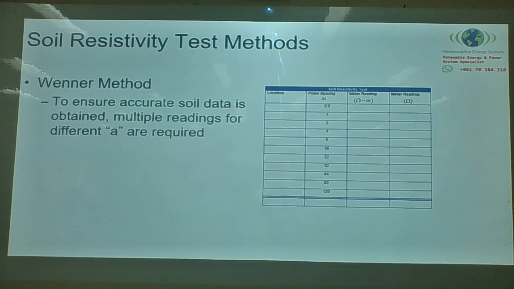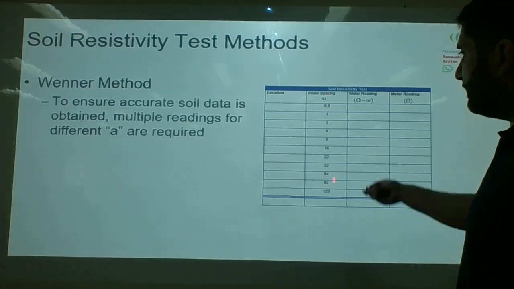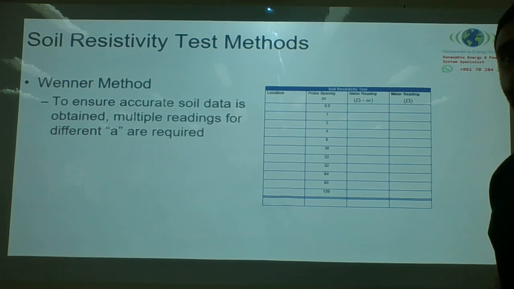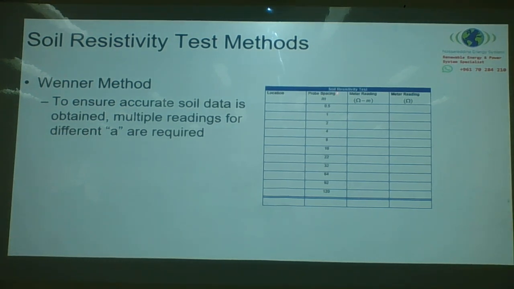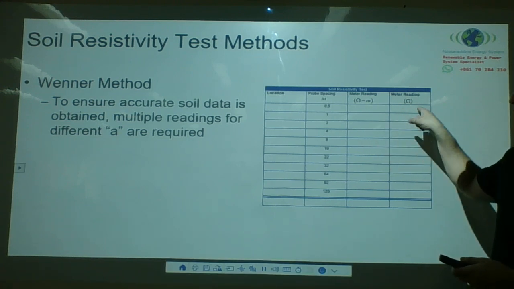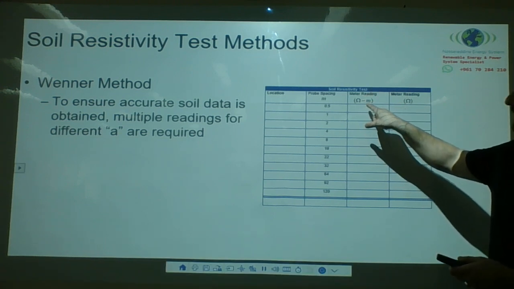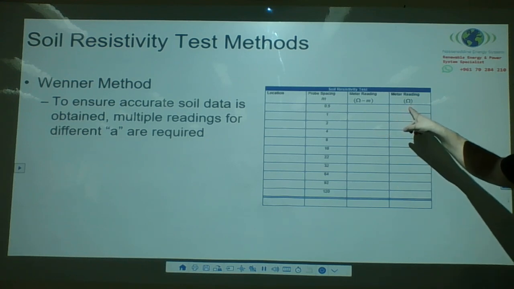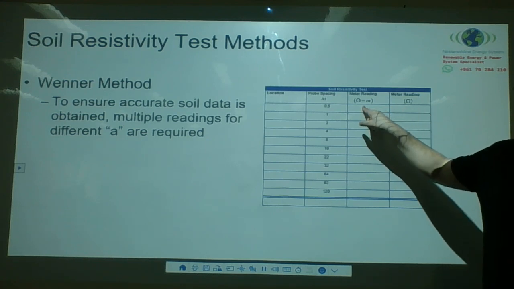So, recommendation. To measure a system, I note the location, and then I measure these two. I write down whatever the machine gives me, because at the end, I can compare if there's any mistake. I write whatever R, whatever rho.